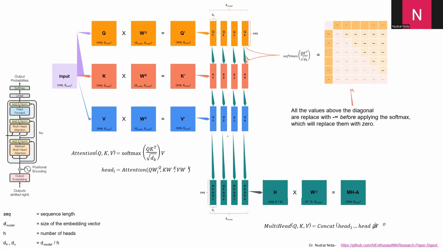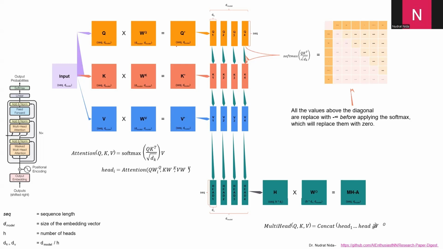So far we have discussed this: we have the input, we replicate this input into query, key and value, and multiply it with weights of D model by D model, and we get Q prime, K prime and V prime.